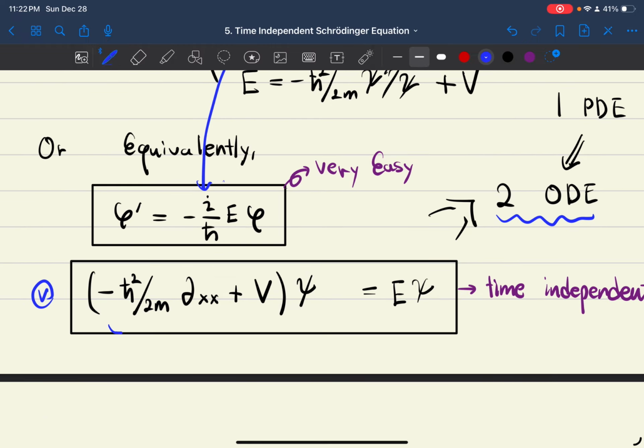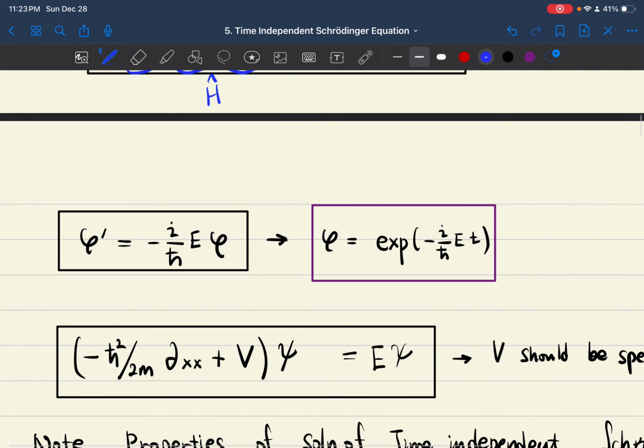And here, again, is the Hamiltonian operator term. So H psi equals E psi. Here psi is not the original psi. The original psi was a function of two variables, x and t. But here psi is a function of x only, so there is no time dependence in this psi.